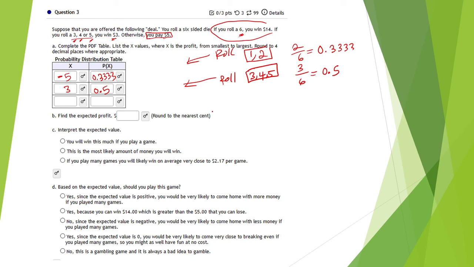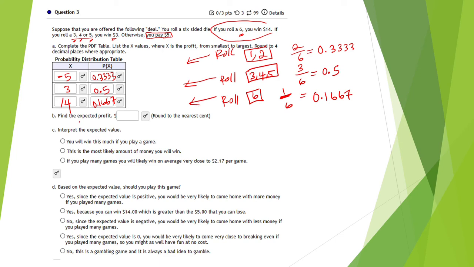For the last one, I can actually make a profit of $14. That's only if I roll a 6. There's only one 6 out of 6 possibilities, and this is equivalent to 0.1667, and so we have that much probability of getting $14.